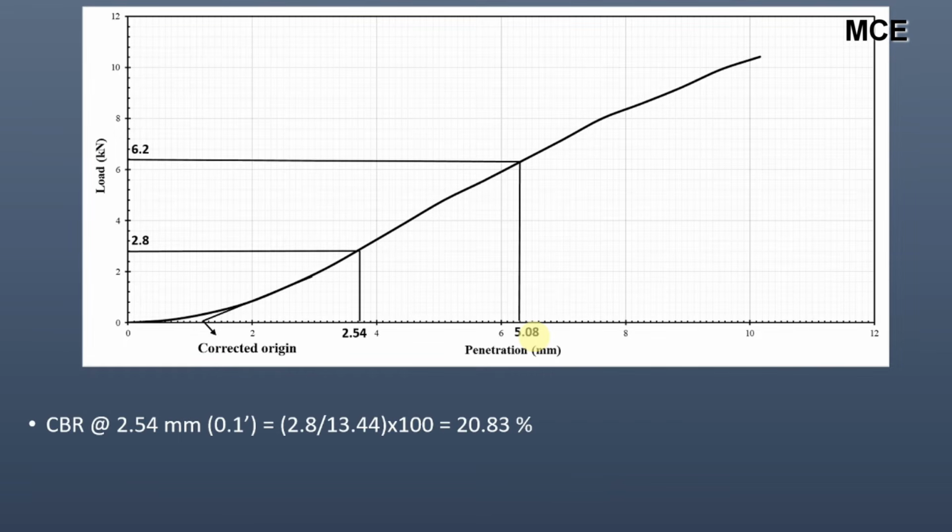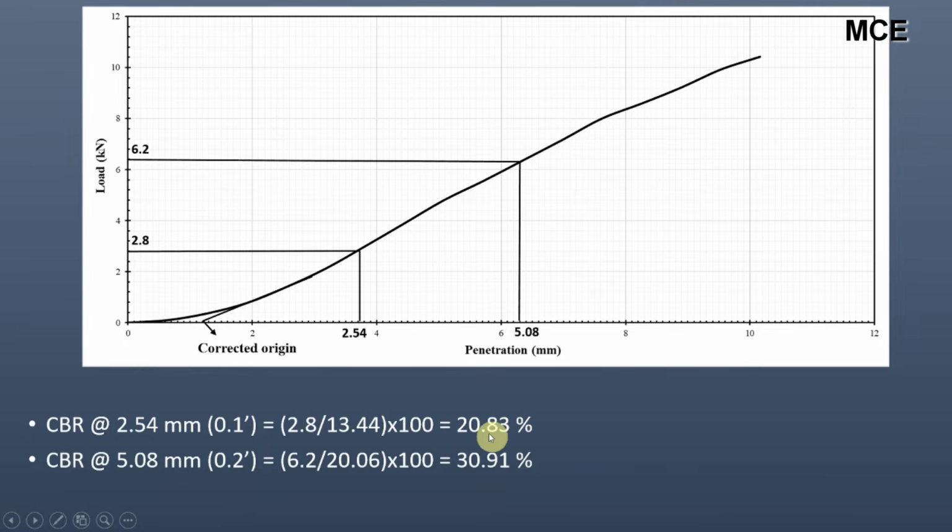So the CBR value at 2.54 mm penetration is equal to the load at 2.54 mm, that is 2.8, divided by 13.44, times 100, which is equal to 20.83%. Similarly, for CBR at 5.08 mm, we will divide the load corresponding to 5.08 mm penetration, that is 6.2, divided by the standard load, times 100, which gives the CBR value at 5.08 mm penetration.